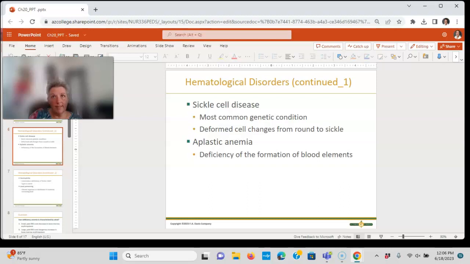Vaso-occlusive crisis is a painful episode with hand-foot syndrome, causing symmetrical infarct of the bones of the hands and feet and painful swelling of the soft tissues. Could look like pulmonary infiltrate, chest pain, fever, cough, tachypnea, wheezing, and hypoxia. And that sequestration of all those blood cells is going to cause spleen enlargement. A CVA with twitching of the face, arms, legs, seizure, change in speech, weakness in the hands and feet, and abnormal behavior.